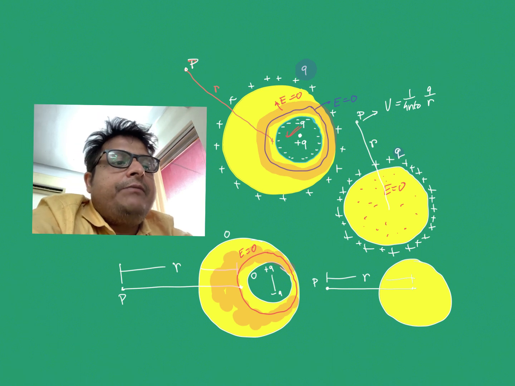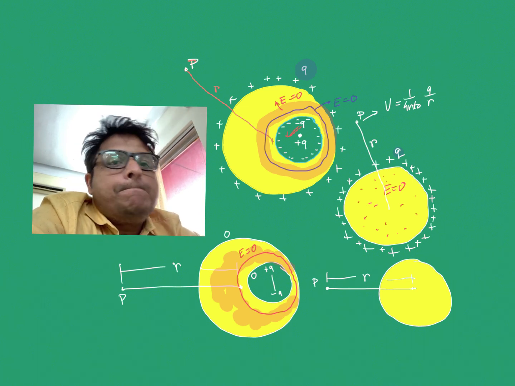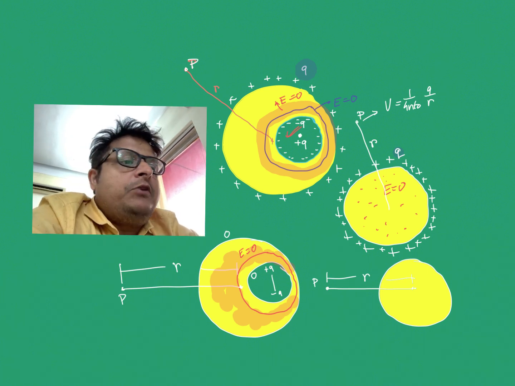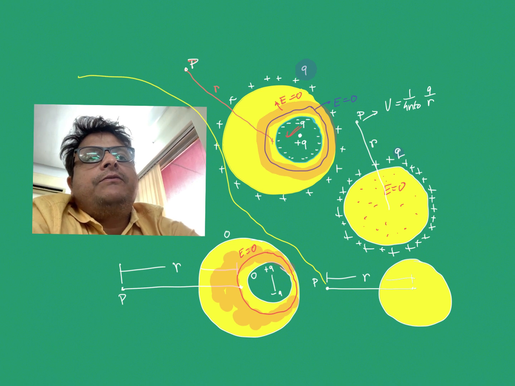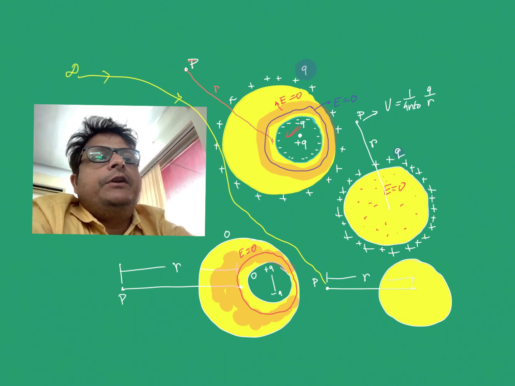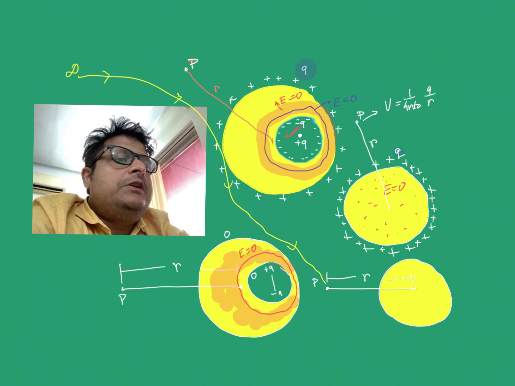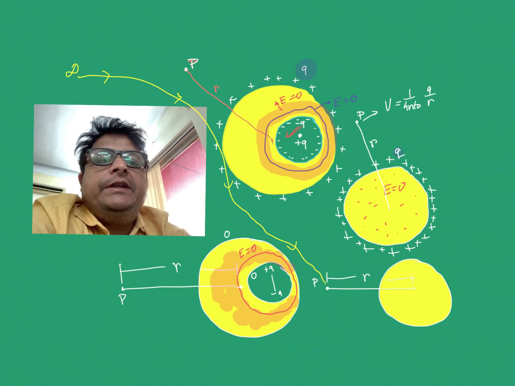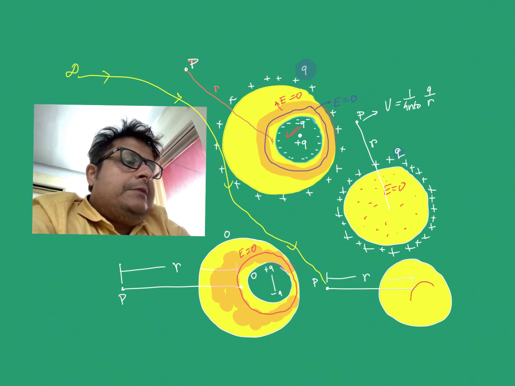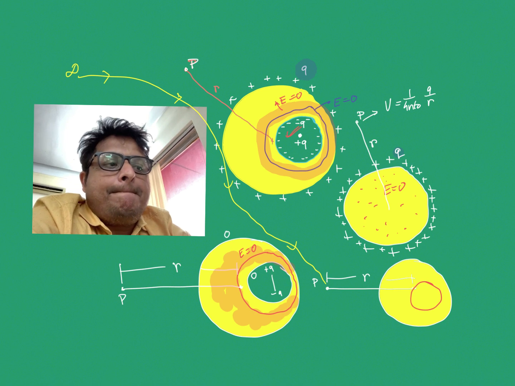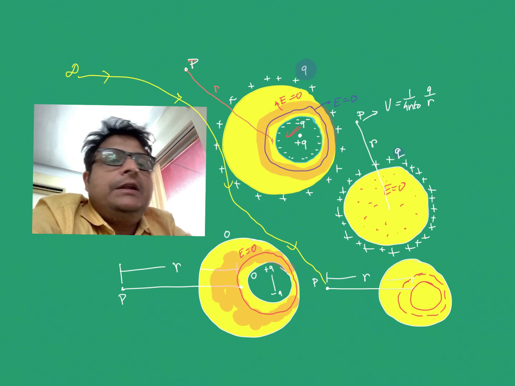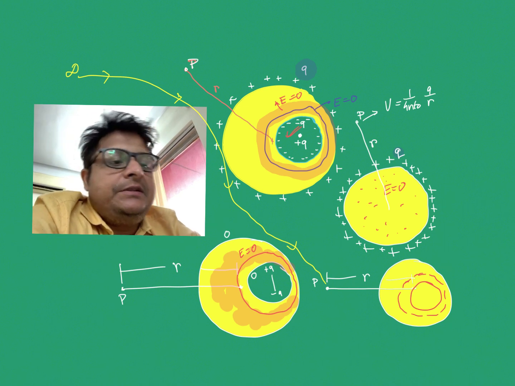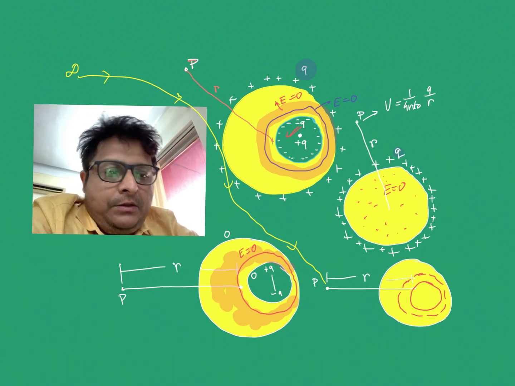This is the shielding effect of the conductor, and hence the potential at point P means you bring in this point P from an infinite distance. It doesn't matter whether there is a cavity or a dipole, because the electric field lines don't cross the conductor due to the shielding effect. This is known as the shielding effect of a conductor.